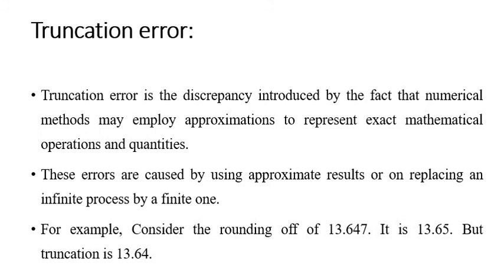If you are using a decimal computer having a fixed word length of 4 digits, rounding off of, say for example, 13.658 gives 13.66, whereas the truncation gives 13.65. These errors are caused by using approximate results or on replacing an infinite process by a finite one.